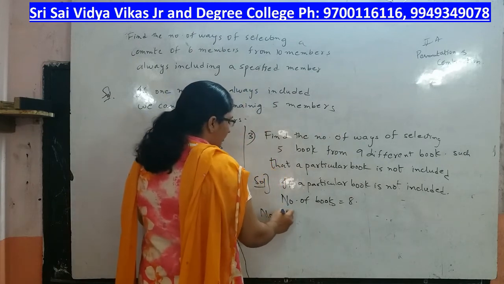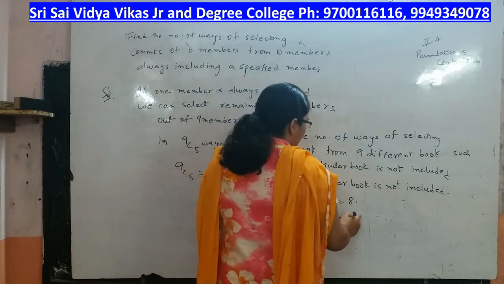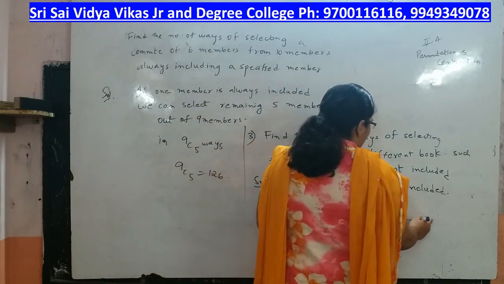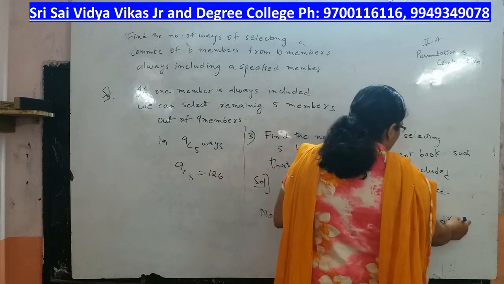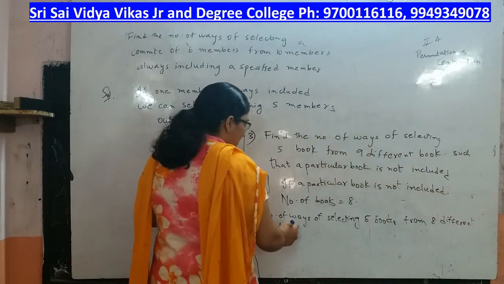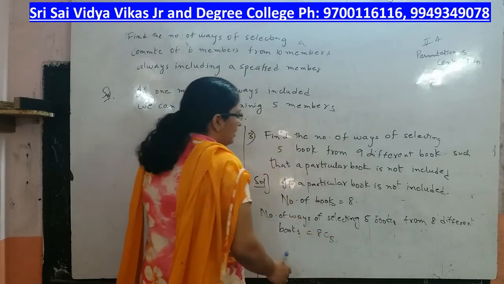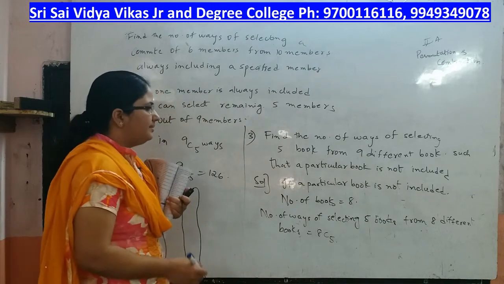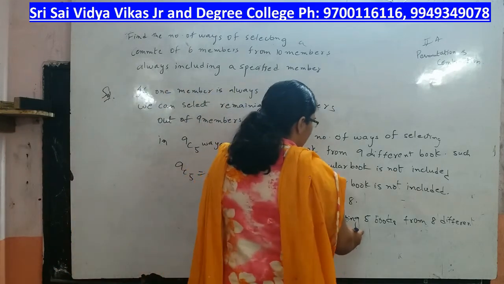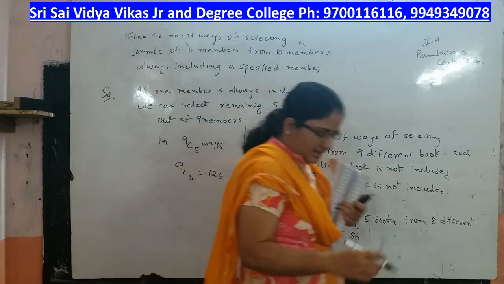Number of ways of selecting 5 books from 8 different books is equal to 8C5. Is that clear? 8C5 value is 56. So that's about today's problems. Shall discuss the next problem next.